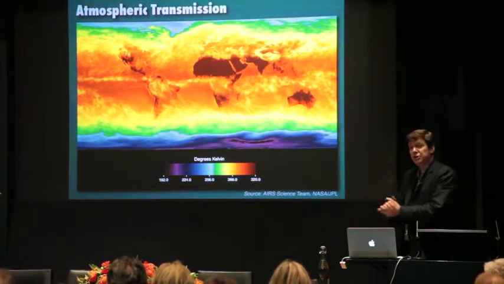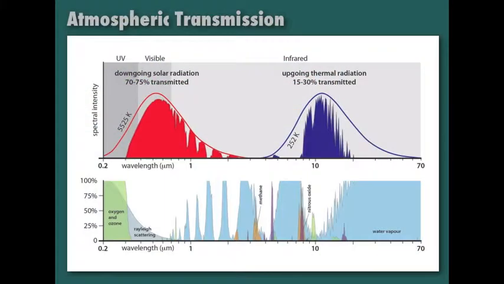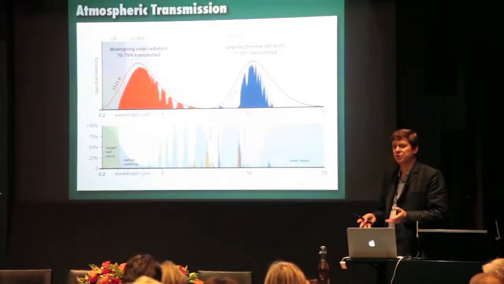But the average is around 14 degrees Celsius, 287 Kelvin. What we have here are two sets of curves. The top curves are transmission spectra through the atmosphere, and the bottom curves are the absorption spectra of the chemical constituents of the atmosphere. I haven't included carbon dioxide at the moment.